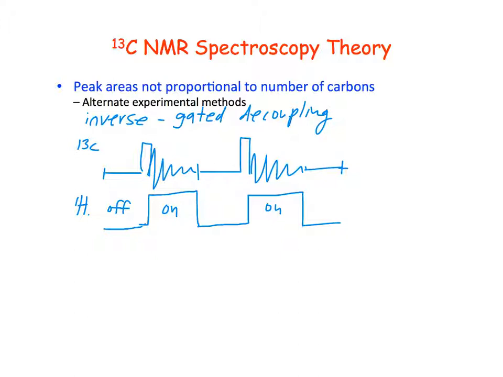Okay, so we're gating it on and off. And what this gives us is, because we have it off during the pre-acquisition delay, no NOE that's built up. Okay, because it's during the pre-acquisition when we build up NOE.